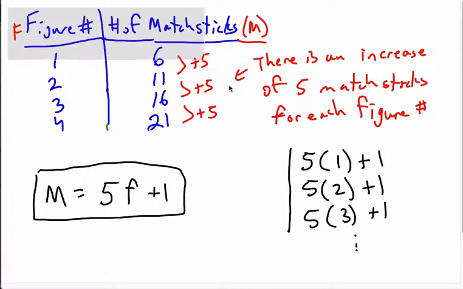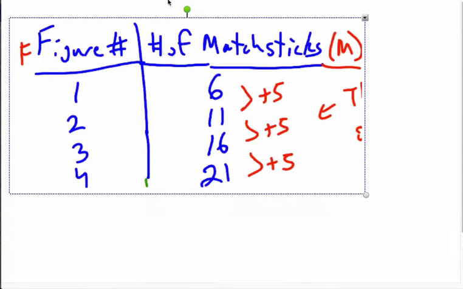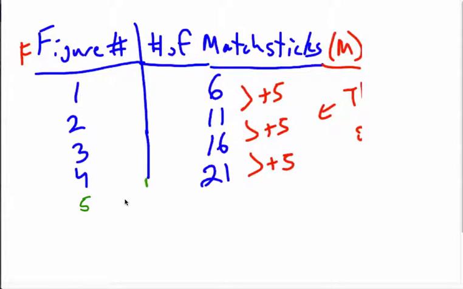Alright, I'll redraw this chart over here since I don't have room right now. And I'm going to predict that for figure number 5, we're going to have 26. Okay, so this is going to be the verifying process.